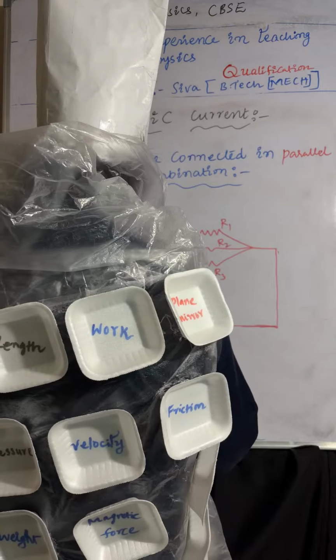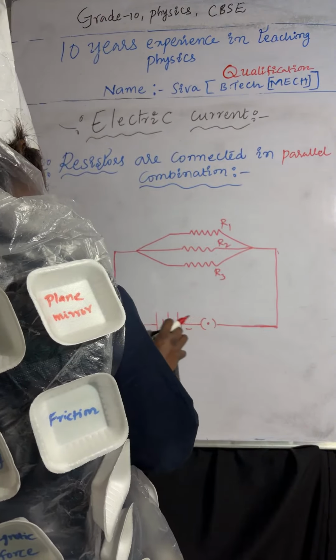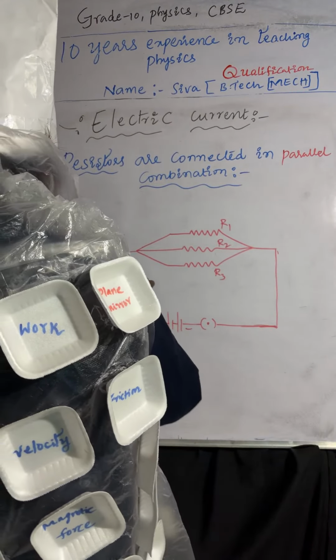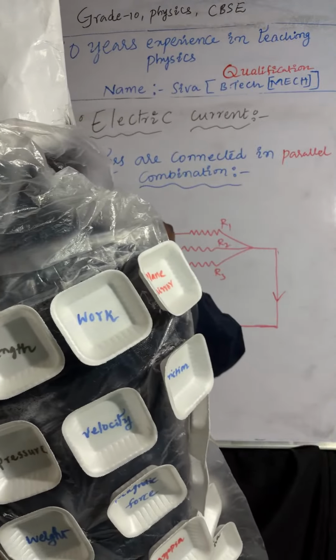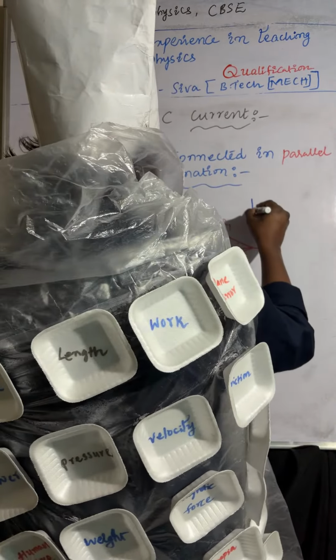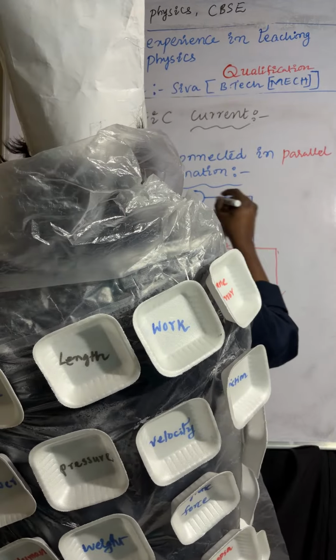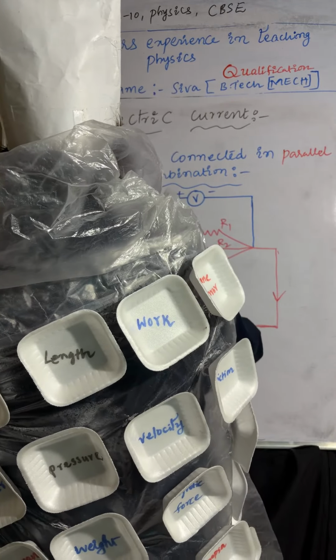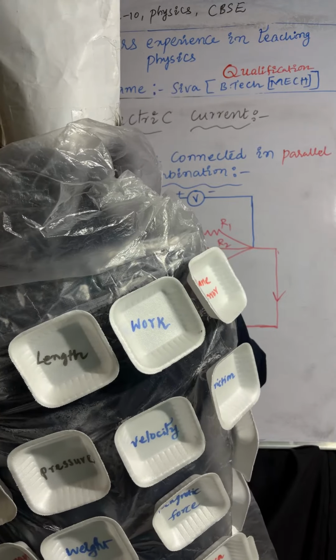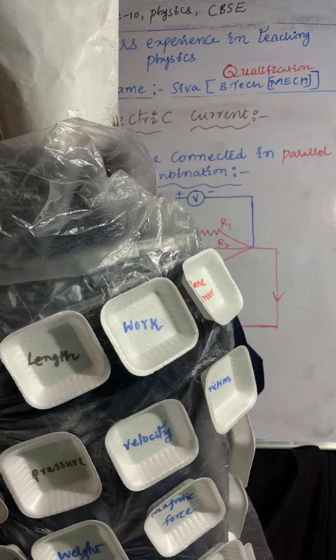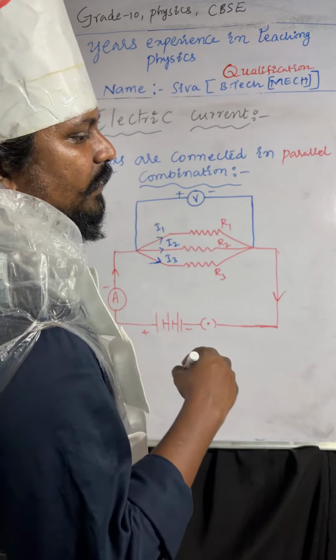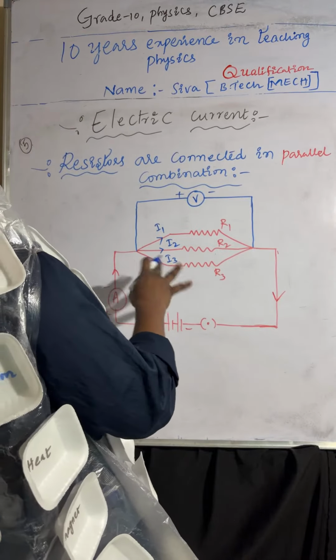Positive terminal, negative terminal, current is flowing through R1, I1, through R2, I2, through R3, I3.